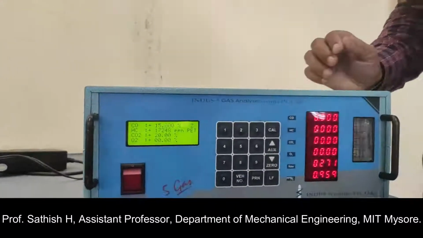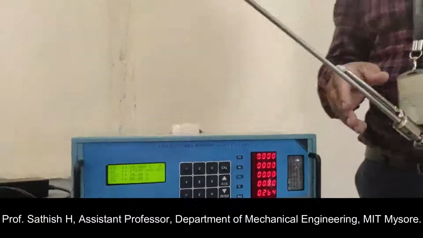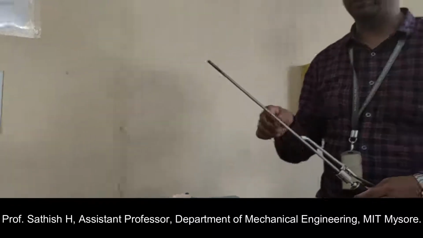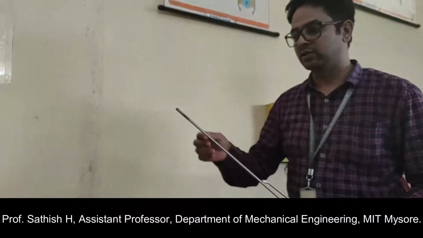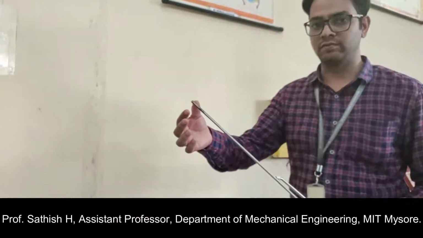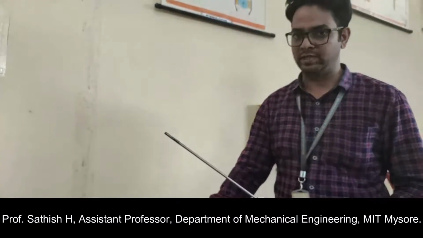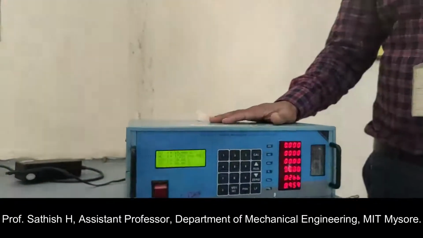Then there is a probe, which you need to insert into the hole made on the exhaust pipe. The various pollutants will be recorded with this device.